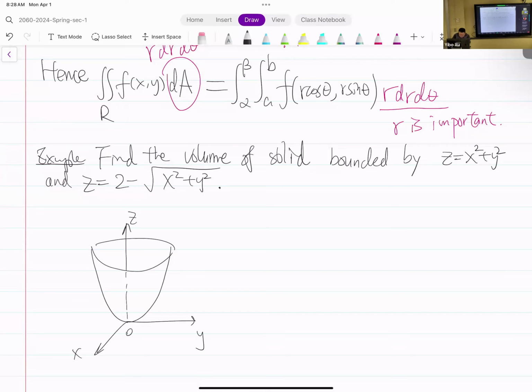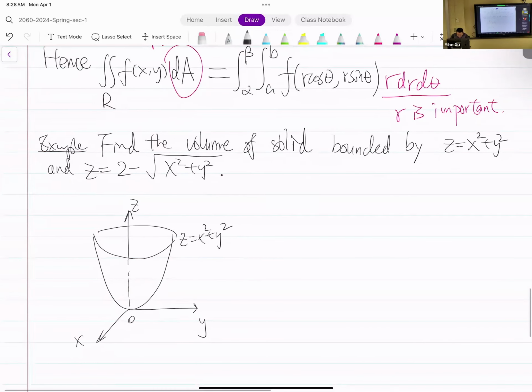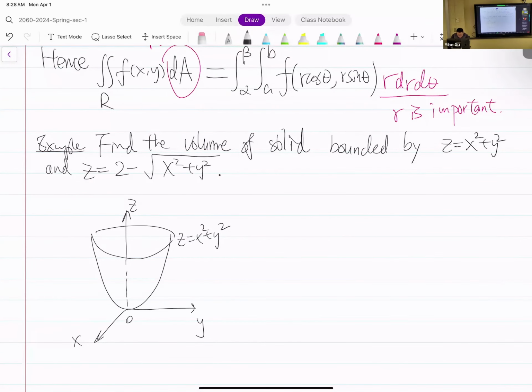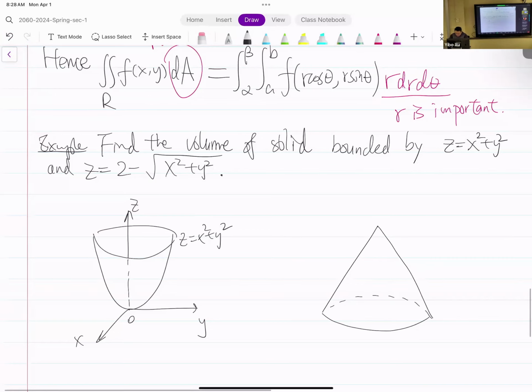But z equals 2 minus the square root of x squared plus y squared is actually a cone, opening downward. So the output is always less than or equal to 2. It doesn't look so great, but okay, that's good enough.